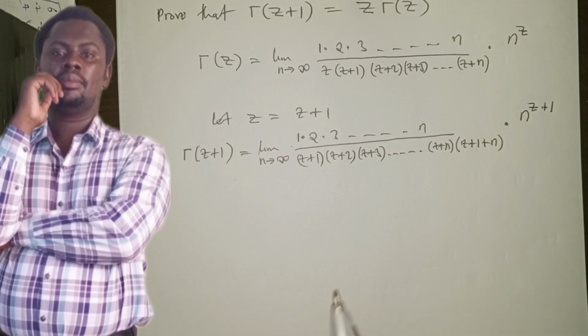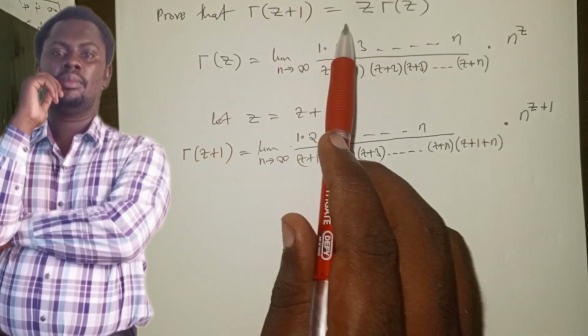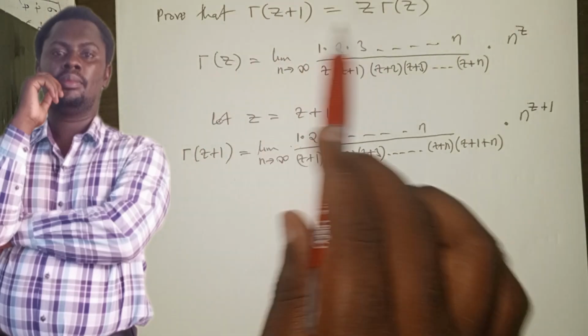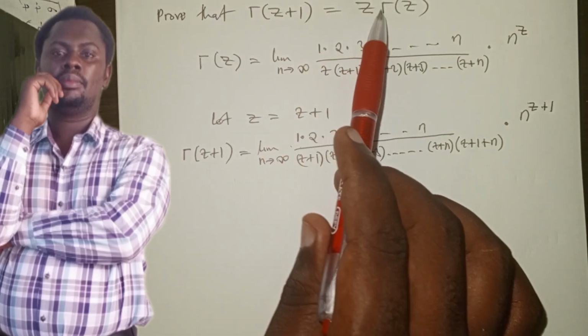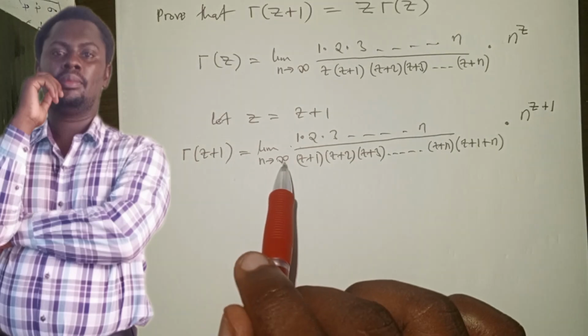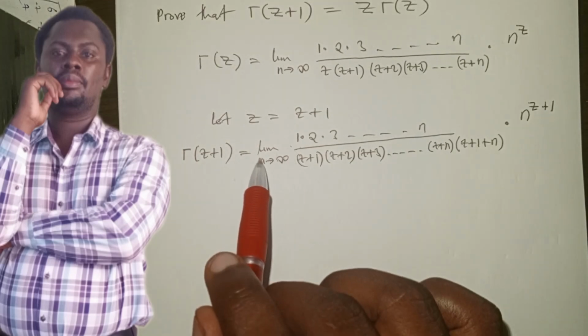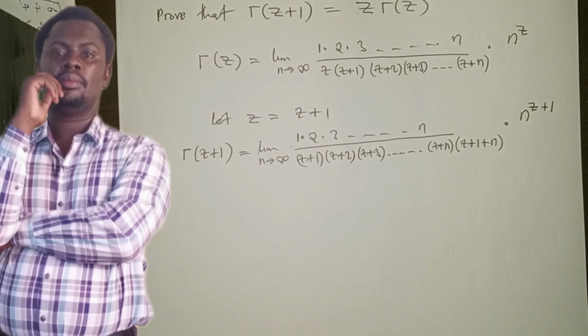We can see that from this equation we have z here in front. So to create z in front, we can multiply z to both the numerator and the denominator.